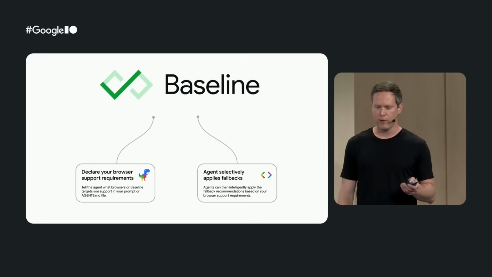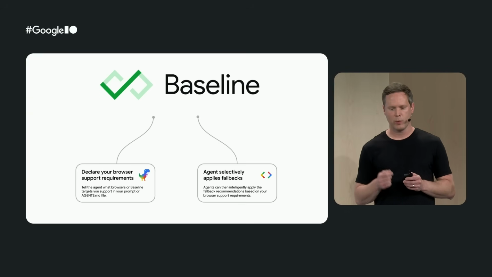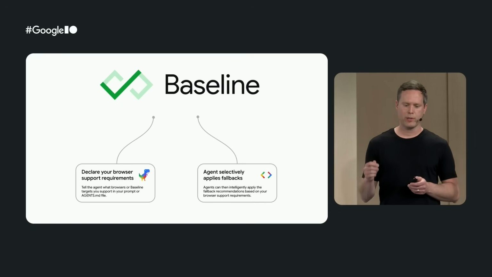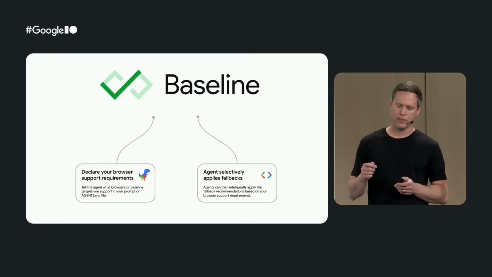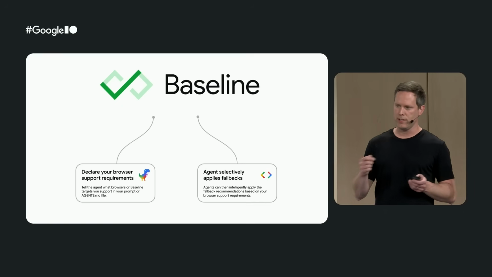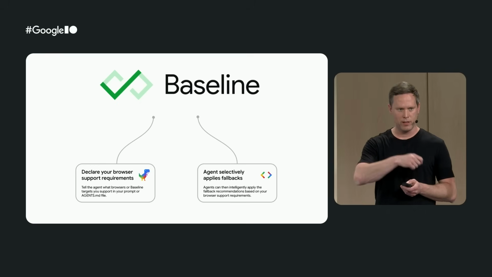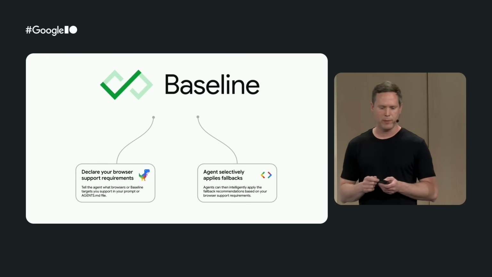Second, in the fallback section of each of our guides, we include detailed browser compat data so that the agent can then determine whether or not it needs to use a particular fallback based on the browser support requirements that you put in your agents.md file.